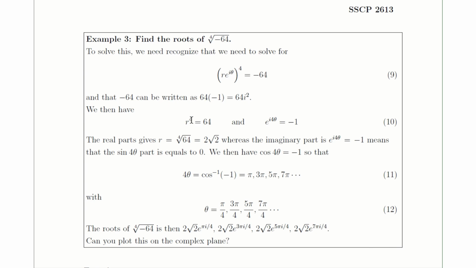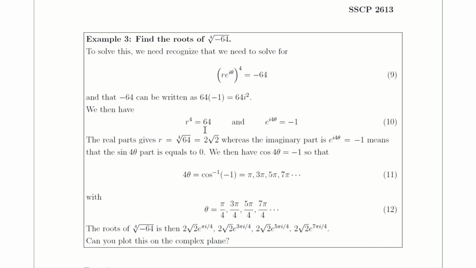Now let's look at the left hand side. Here you have a radius r to the power of 4, and this should give me 64. On the right hand side there's another number, which is -1, and this means that on my left hand side the exponential term, e to the i 4 theta, is going to be equal to -1.